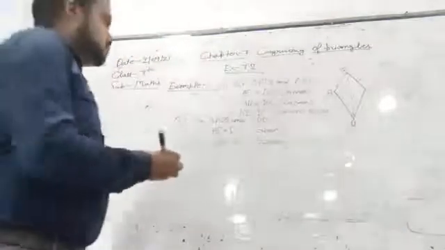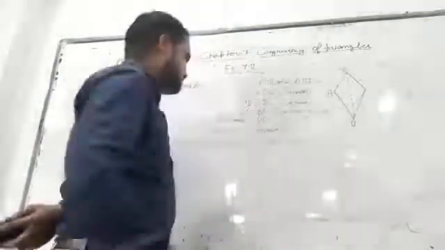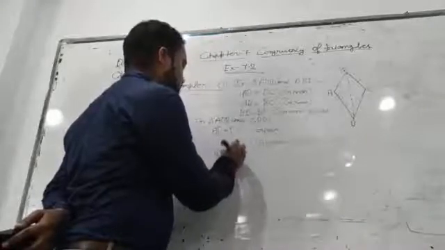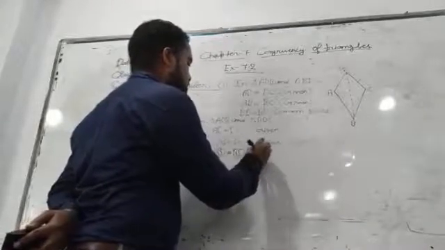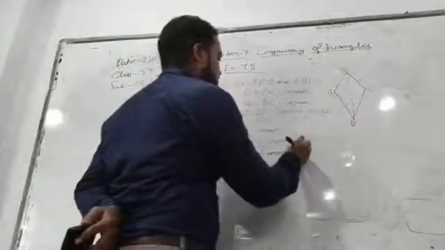Now the last part, BD is equal to BD, which is a common side.